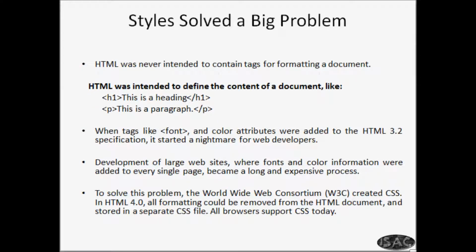So styles solved a big problem. Look here, HTML was never intended to contain tags for formatting a document, right? HTML was intended to define the content of a document, like H1, P paragraph, and so on. A lot of tags are there, and then they introduced the font tag. When the font tag and color attributes were added to the HTML 3.2 specification, it started a nightmare for web developers, right?